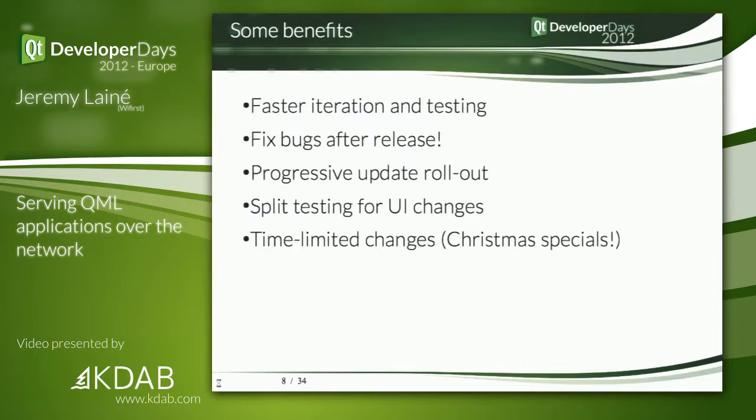So, some benefits of doing this. I mentioned the iteration cycle for the releases. You can move to a web-like mode whereby you change your QML files on the server side, and whenever a user launches the application, they're automatically running the latest and greatest version of your code.